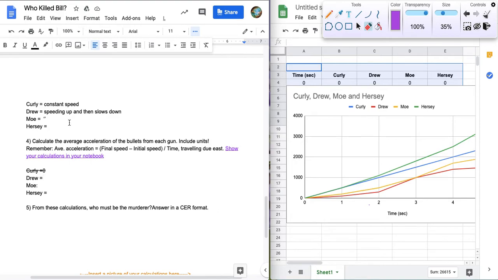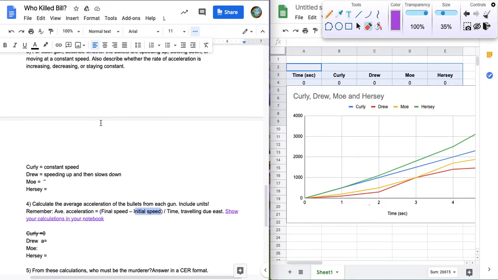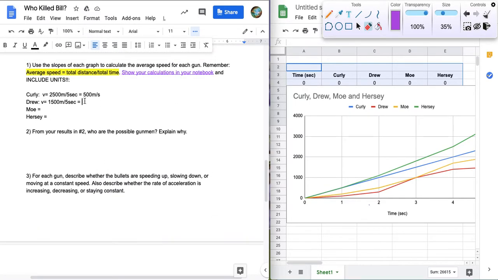We know that Drew is speeding up and then slowing down, so it must have some acceleration. We're going to find the average. So for acceleration, we're going to look at the final speed minus the initial speed. Now, this speed that we calculated over here is going to be our final speed because that was at the end. So just keep that in mind.